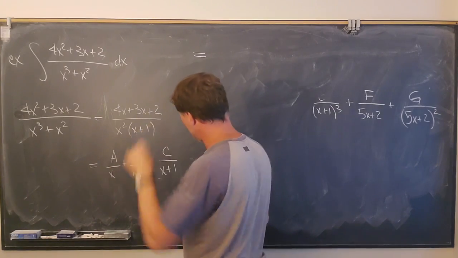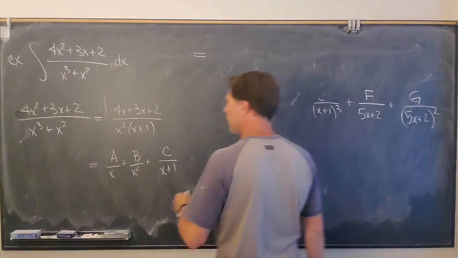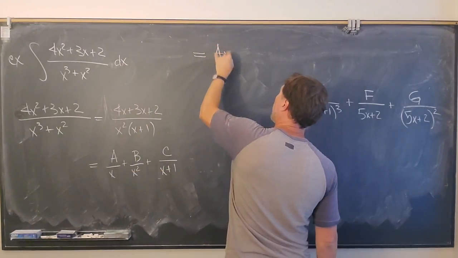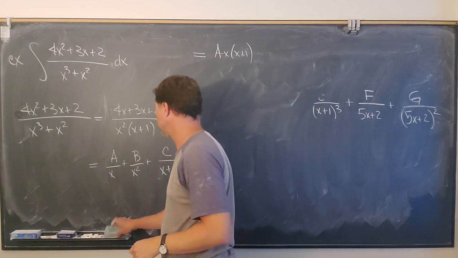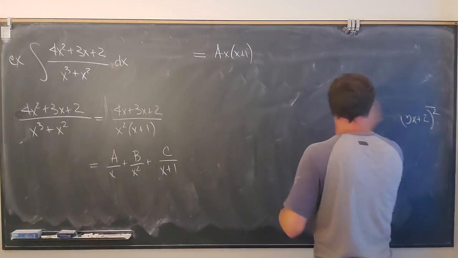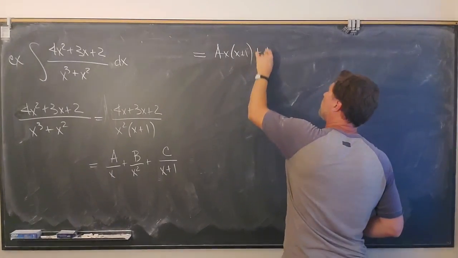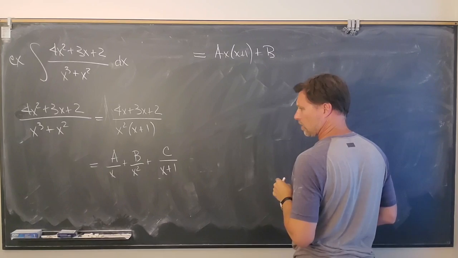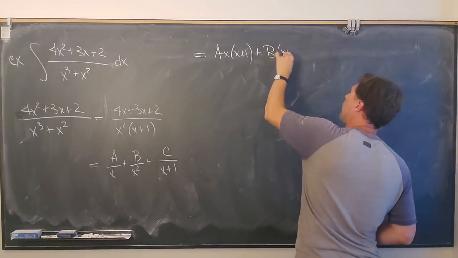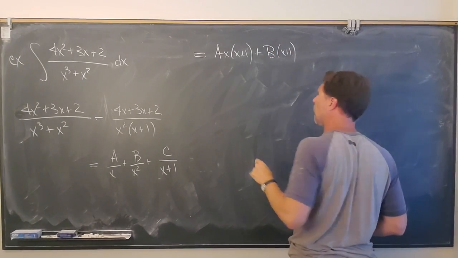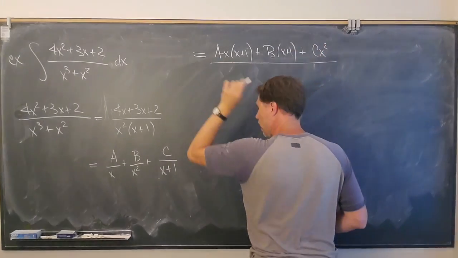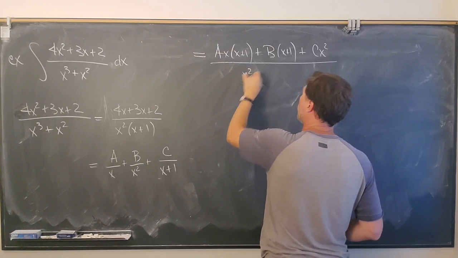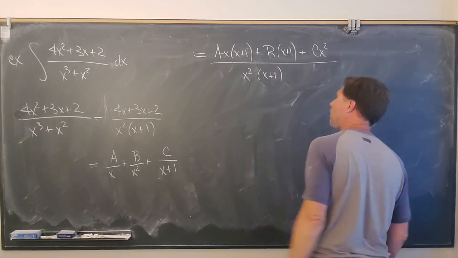So let's see, I need to multiply it by, so this will be a x times x plus 1. So I'm just going through the steps of getting a common denominator now. Plus b times x plus 1, plus cx squared, all divided by x squared times x plus 1.